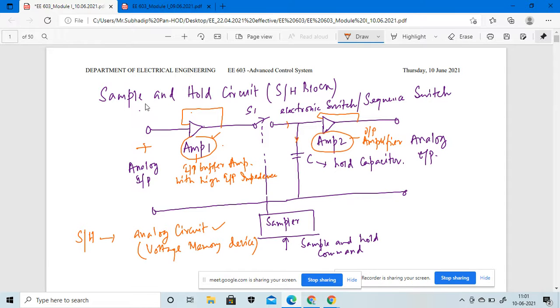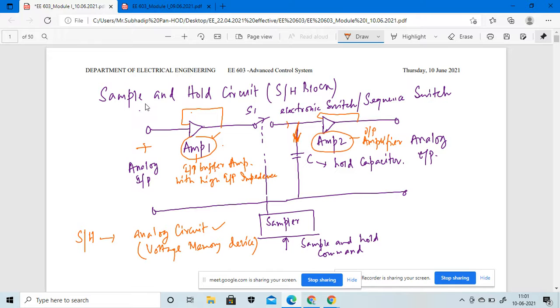The function of the output amplifier is to buffer the voltage on the hold capacitor. Whatever signal comes across the input channel is buffered to the capacitor, that means the signal is stored. So in this case, we are using two operational amplifiers.